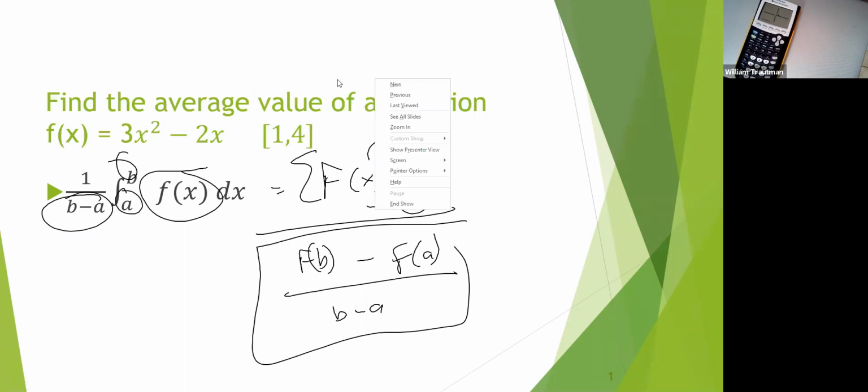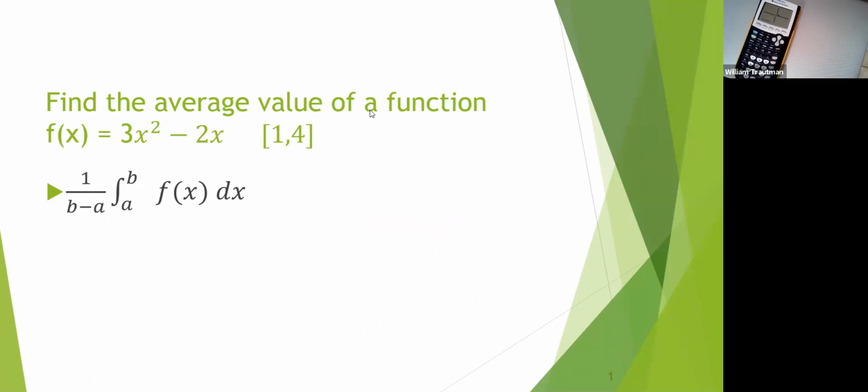So let's do the example. I think this is the last example we have. Find the average value of this function between 1 and 4. We're going to integrate 3x squared minus 2x from 1 to 4.